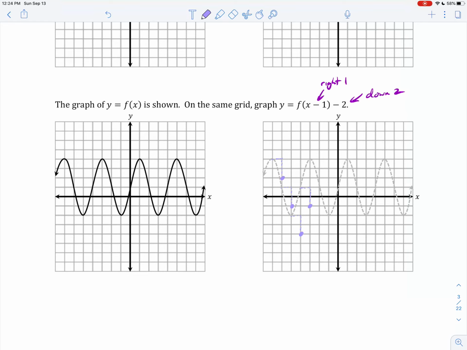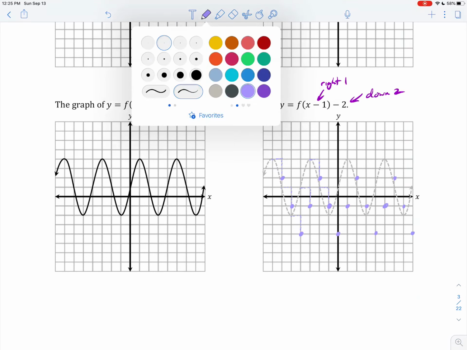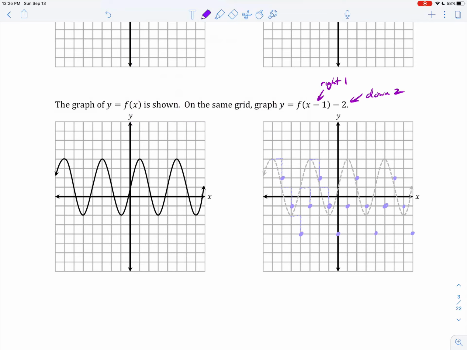And I can keep this going. There's a point here. You go right 1, down 2. This point here, right 1, down 2. And so on, so forth. And again, once that's all done, you just need to play connect the dots.